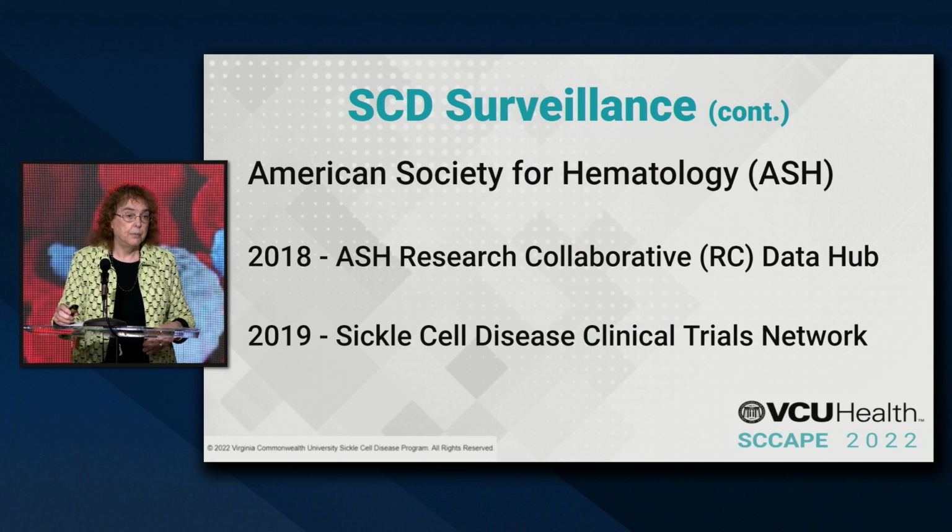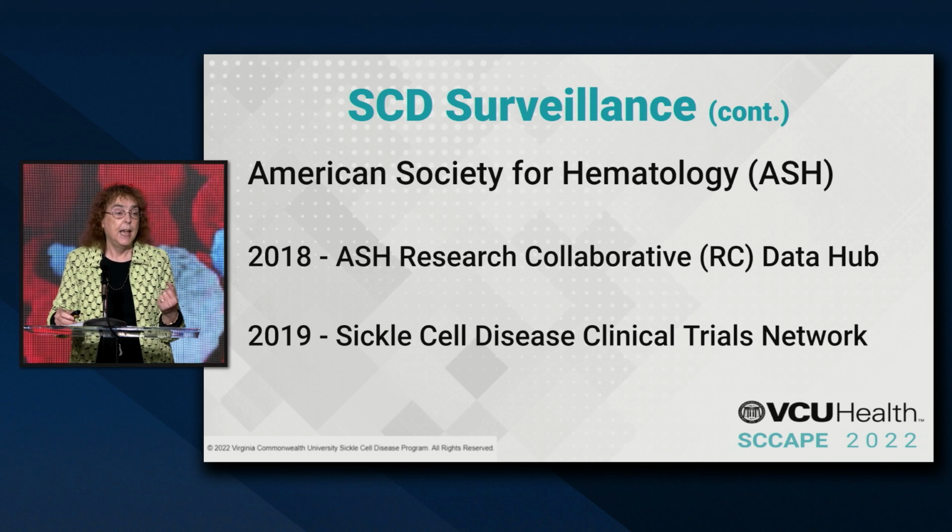I have to give credit to the American Society of Hematology, and the ASH Research Collaborative, which is a data hub that is really trying to collect all of this. And then there's the Sickle Cell Disease Clinical Trials Network, which again, I know very little about, but I wanted to mention that these exist and there are efforts going on to expand our ability to collect some data about sickle cell disease.